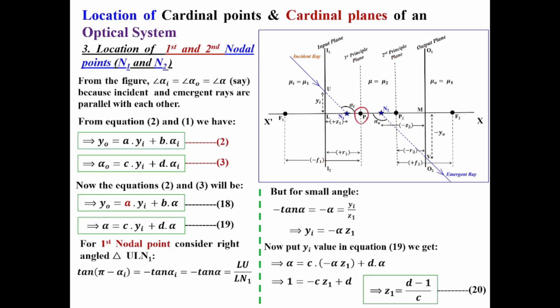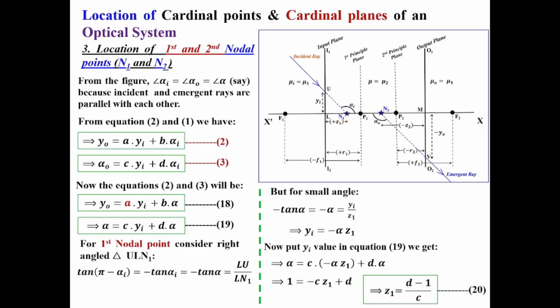This is P1 P2, the first and second principal points. This is the first focal point, and this is the second focal point of the optical system. Here I mark the first nodal point with a star mark, and this is your second nodal point. Some books draw this figure with N1 and N2 marked at different places, so there is no issue about the marking of N1 and N2 in different books. Here, let N1, the first nodal point, be situated here and the second nodal point be situated here.